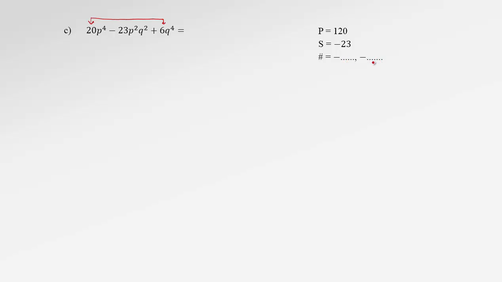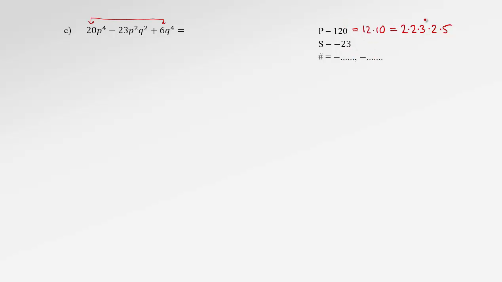Okay, to help ourselves to find these two numbers, I would suggest to factor 120. 120 is like 12 times 10. Let's find the prime factorization. So 12 is the same as 2 times 2 times 3, and 10 is the same as 2 times 5. When we see those factors, it may be easier to figure out how to group them to obtain the two numbers that will have desired properties.